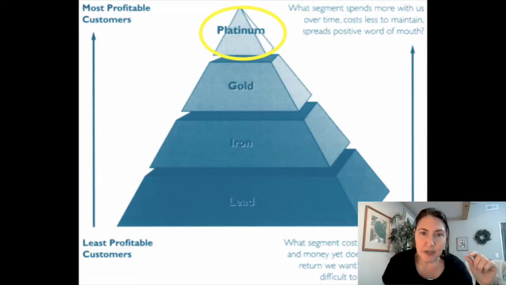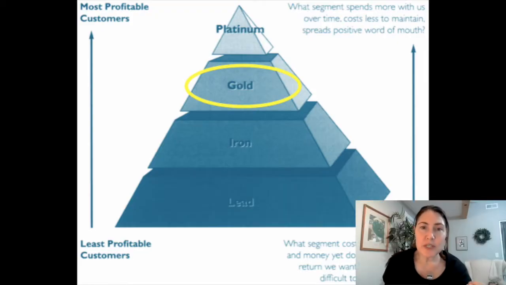At the very top of the pyramid, the platinum tier described the company's most profitable customers who are also committed to the company. The next tier is the gold tier, which includes customers whose profitability levels are not as high because perhaps they want price discounts or are not as loyal as the platinum tier.